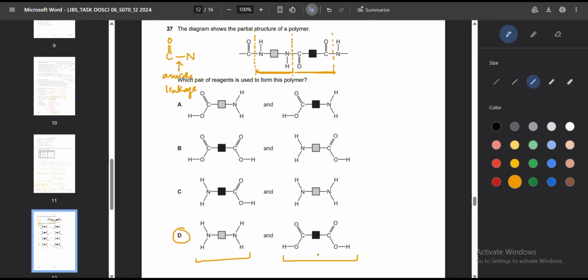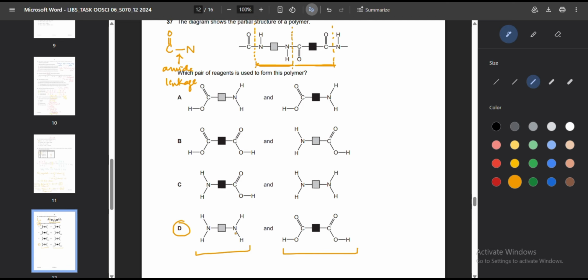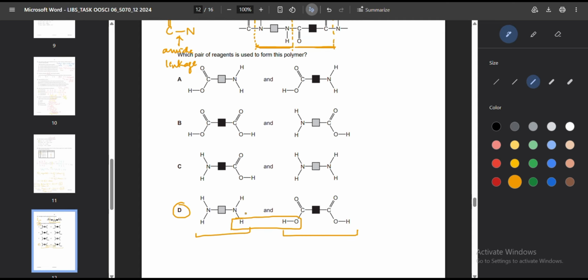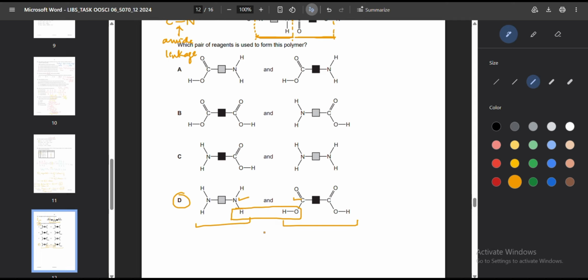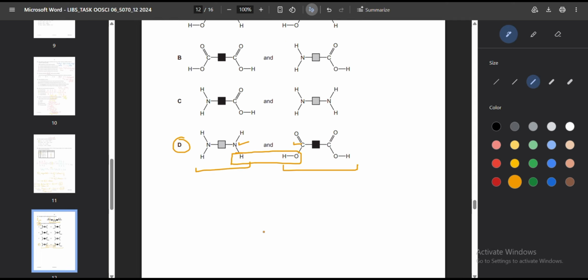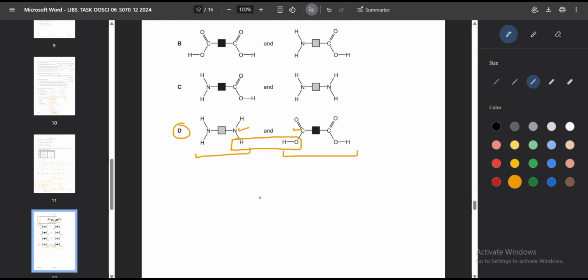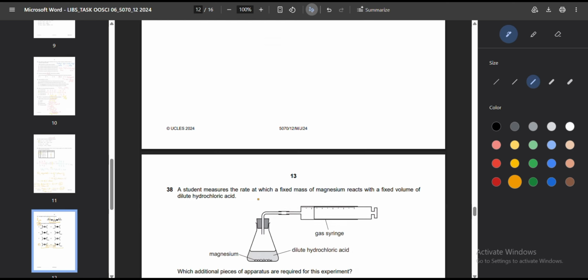So they will condense together, lose a water molecule, and form the above polymer. The bond will be formed between this nitrogen and the carbon of this CO, because the bonds are breaking from both of them.